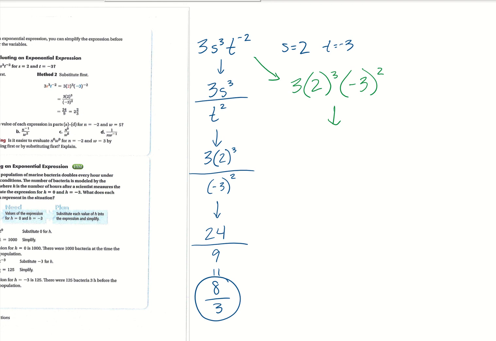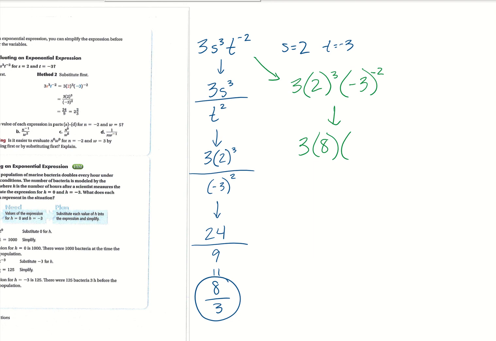So the next thing to do is exponents. I'm going to do those left to right. So I'm going to have 3 times 2 to the third is 8. And then times, oh, I forgot my negative exponent right there. So there we go. Fixed that. Okay. And then that's going to be multiplied by -3 to the -2nd power.